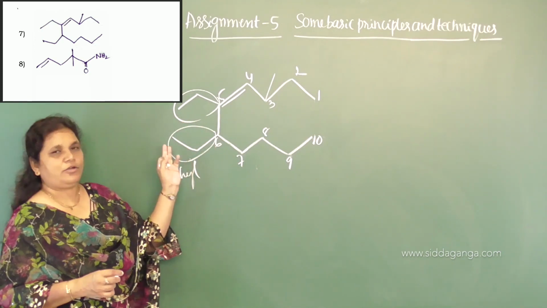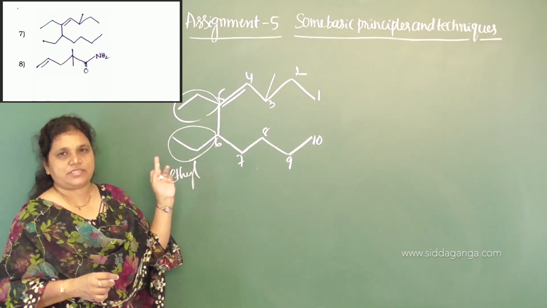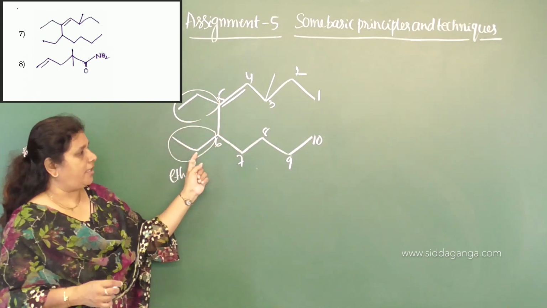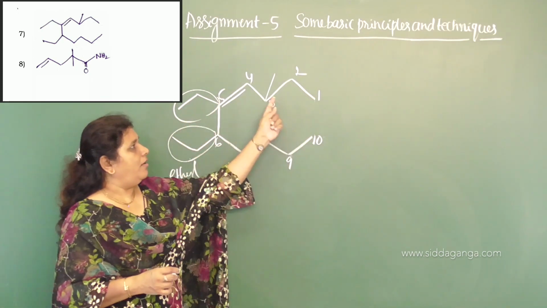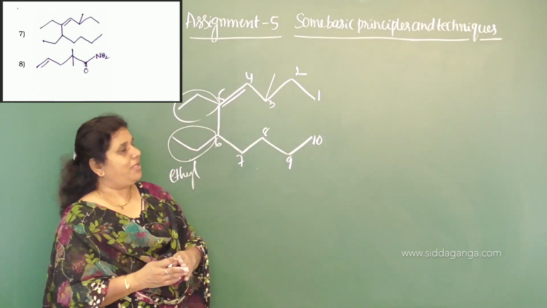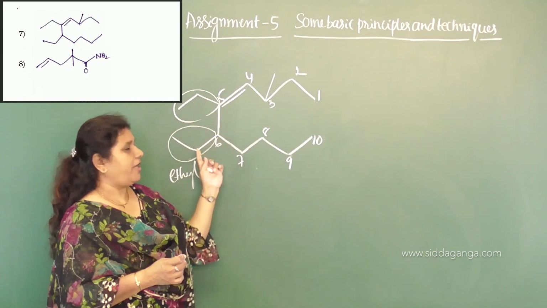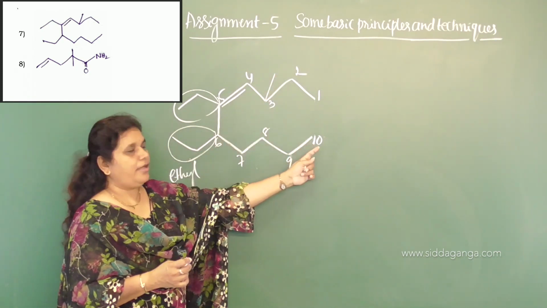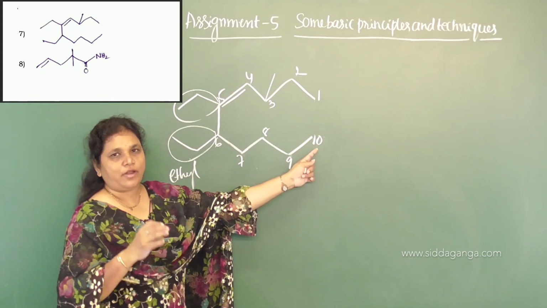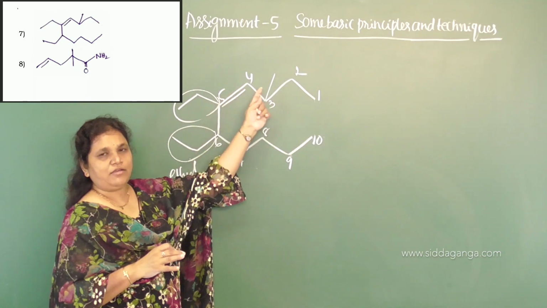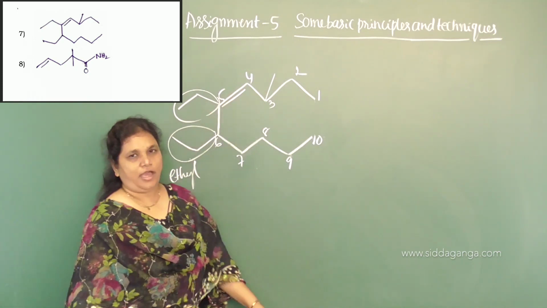Two similar groups are there, so you have to use the prefix di: 5,6-diethyl. Then a methyl group is also there on the 3rd carbon. You need to arrange them in alphabetical order. So 5,6-diethyl, 3-methyl, dec is the root word for 10 carbon atoms, dec-4-ene. So that is the IUPAC name.